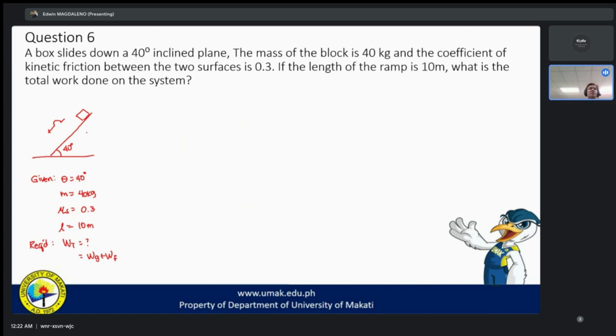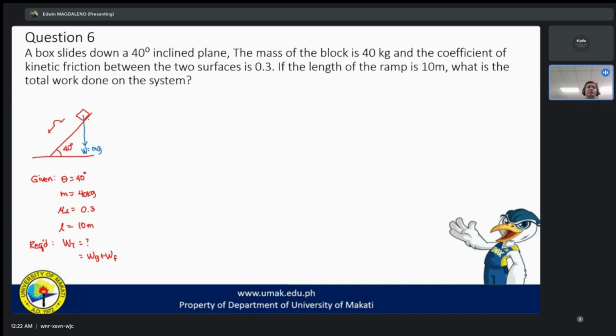So the first thing that we need to do is to put the forces on the diagram. What are the forces acting on the diagram? As we could see, we have multiple forces acting. The first, of course, is the weight, which is downward, equal to mass times gravity.